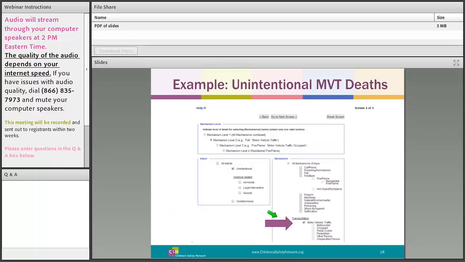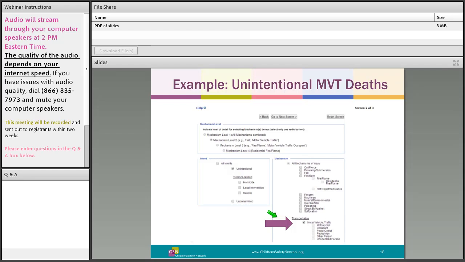So the second screen allows you to describe the more nuanced or detailed intent, mechanism, or cause information, or if it were similar in the body region or nature of injury, the layout is the same, and you would describe the nuanced characteristics of your query or your cost report.